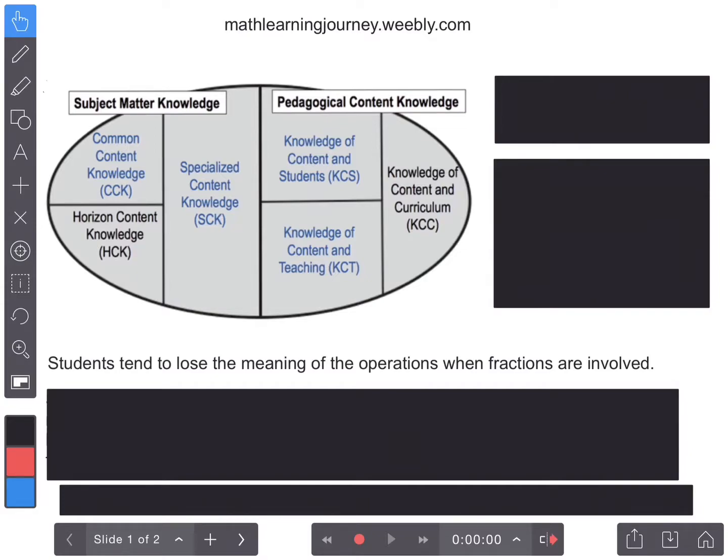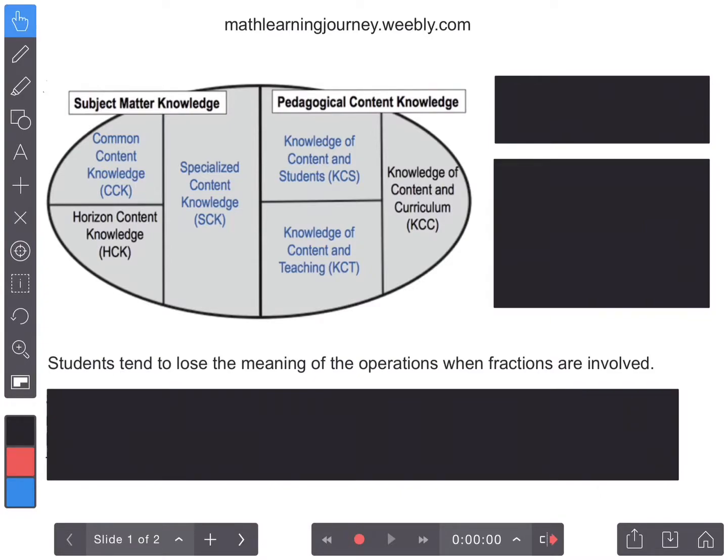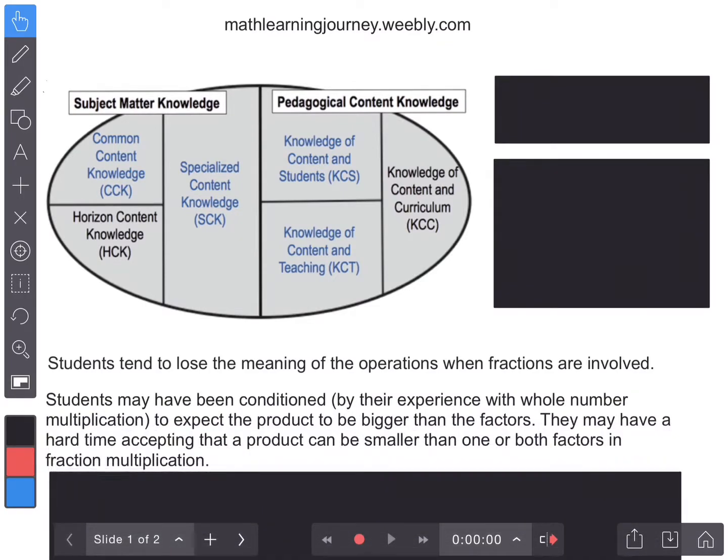The experts tell us that students tend to lose the meaning of operations when fractions are involved. So a student who understands whole number multiplication well will often have difficulty retaining the meaning of the operation once fractions are in the mix. This is a misconception.